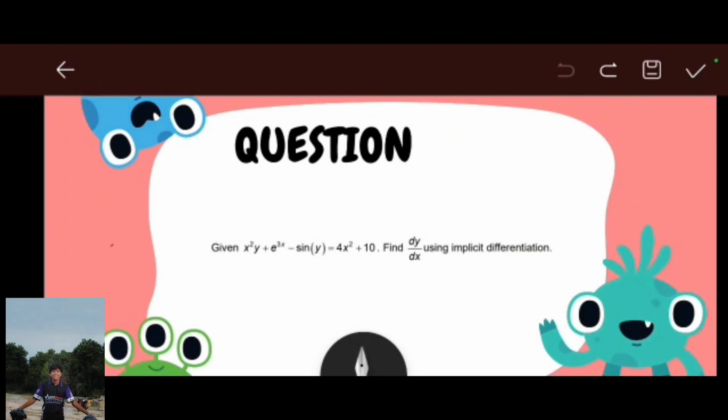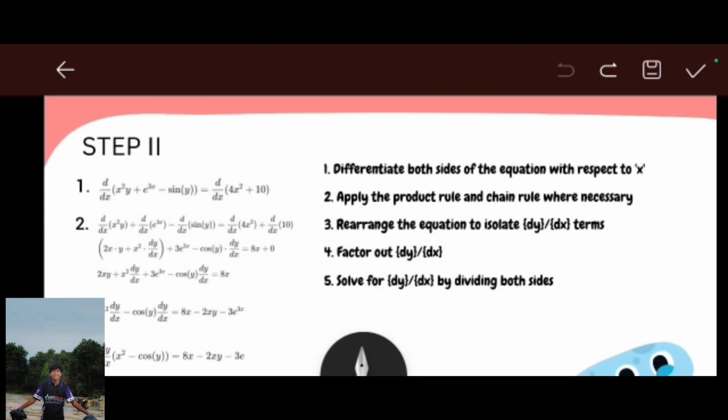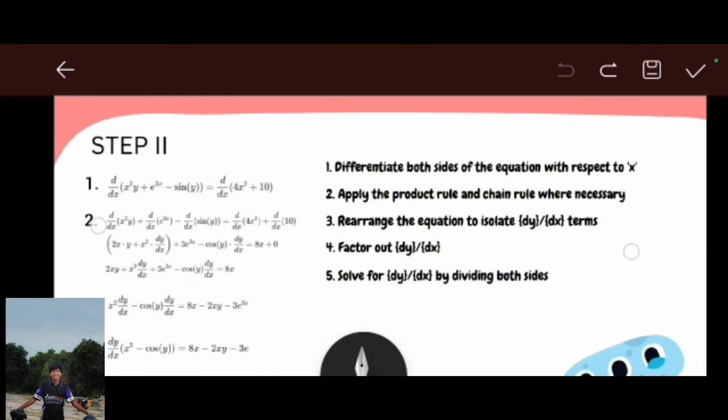Alright, to solve this equation, the first step, you want to differentiate both sides of the equation with respect to x. Next, apply the product rule and chain rule where necessary, so you can get this answer.